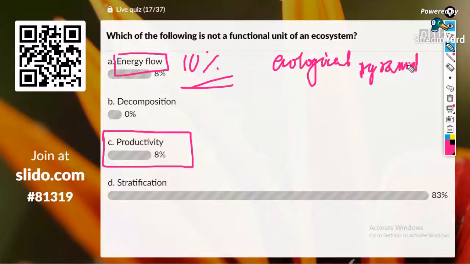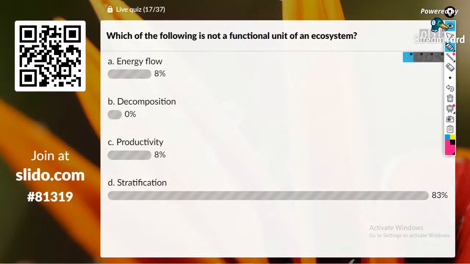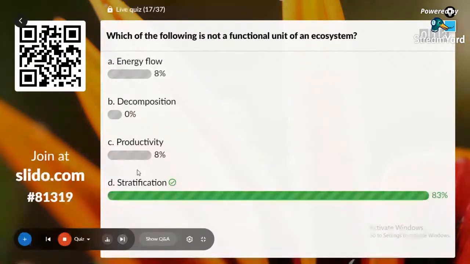Being a functional unit, you studied about energy flow. Productivity also studied. NPP, net primary productivity. GPP, gross primary productivity. All these things you have studied, being the basic unit of ecosystem. So the correct answer is option D, stratification.